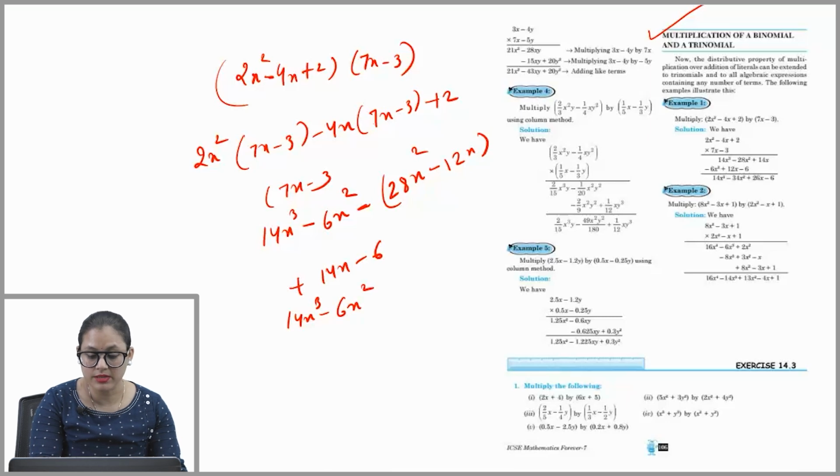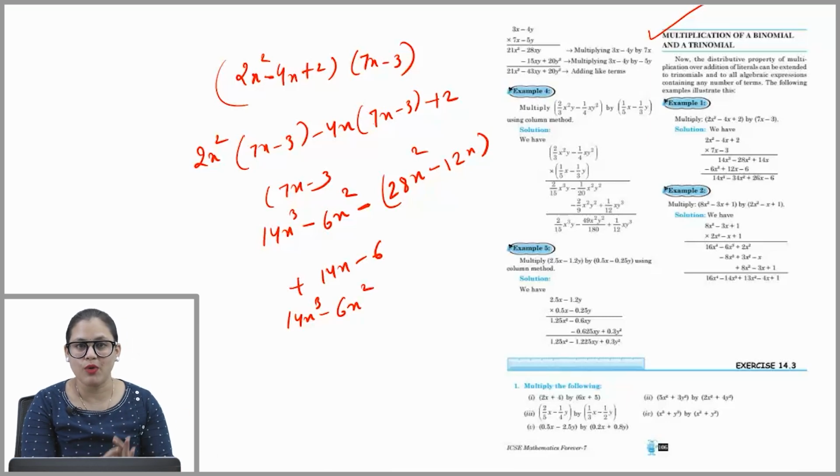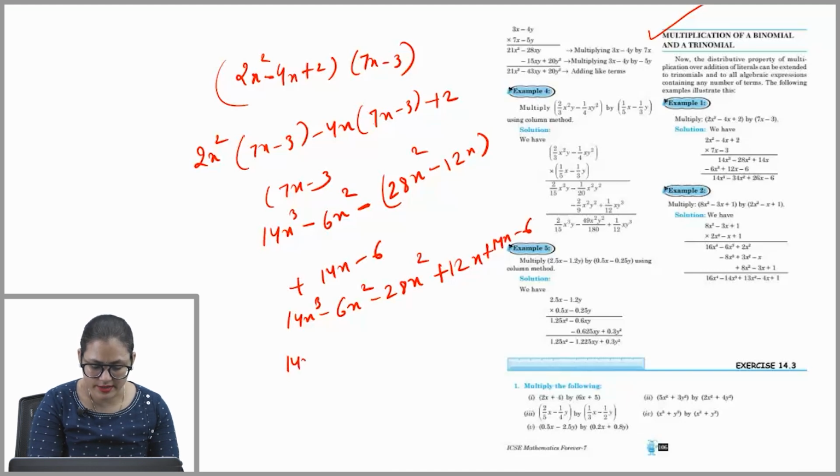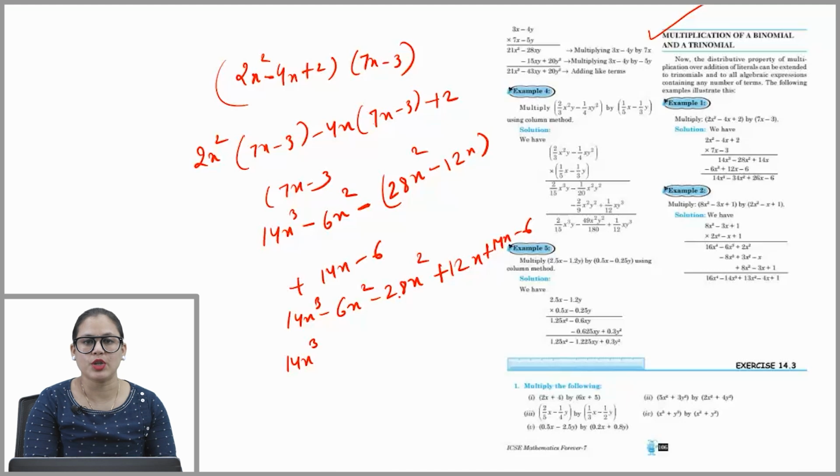Now there is a negative sign before the brackets, so all signs will change. Minus 28x square plus 12x plus 14x minus 6, okay. 14x cube. 28 plus 6 is what? Minus 34x square. 12x and 14x is what?